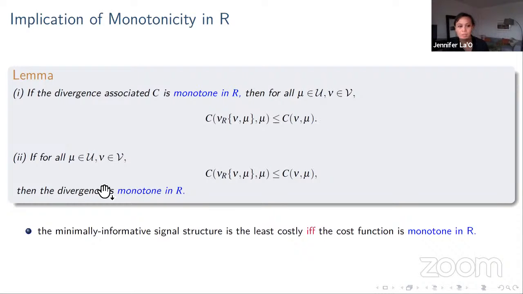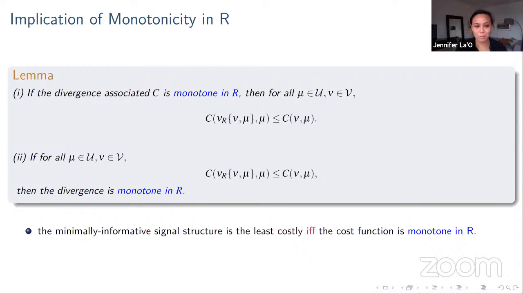And conversely, if for all priors and signal structures the minimally informative signal structure is the least costly, meaning that not paying attention to R, but keeping the signal structure the same in all other respects, is the least costly thing for me to do, then the divergence is monotone in R.